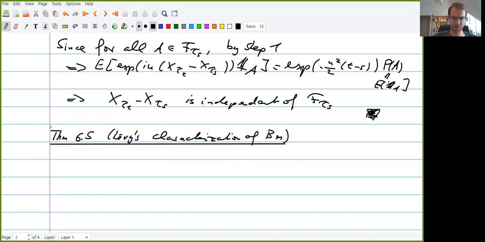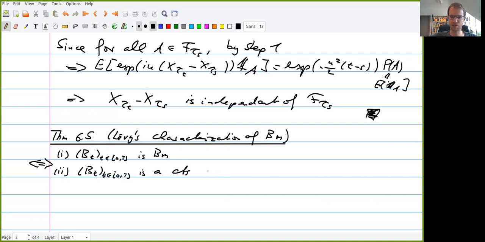Okay. So what is Levy's characterization? It tells us, so I have two properties which are equivalent. The first one is B is a Brownian motion. And the second one is that B_t is a continuous local martingale with respect to some Brownian filtration, right?